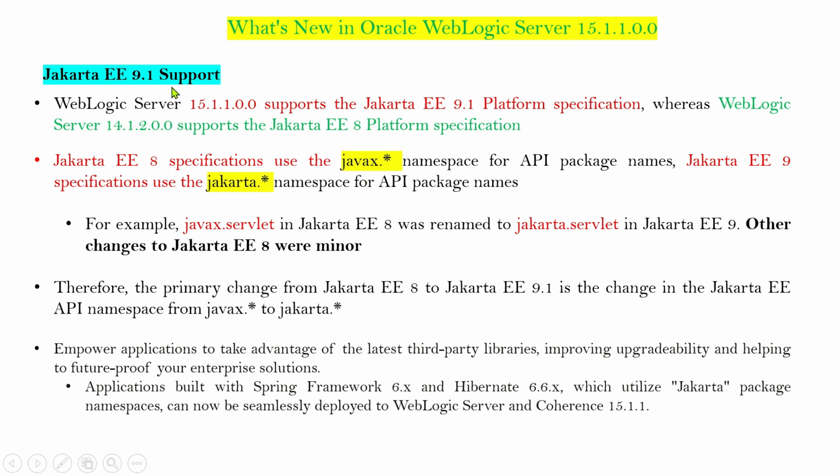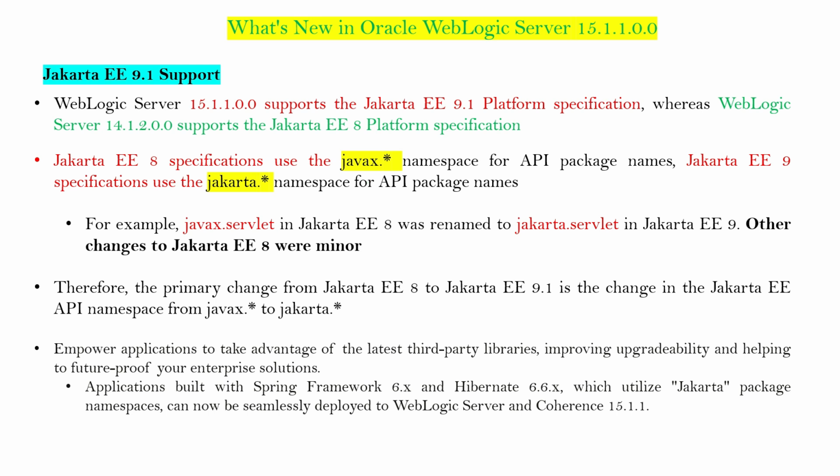With Jakarta 9 or 9.x, it is completely renamed to jakarta.*. So until Jakarta Enterprise Edition 8, or WebLogic 14.1.2, your code used javax for calling the different APIs and packages. But from WebLogic Server 15.1.1 onwards, your code needs to be changed.